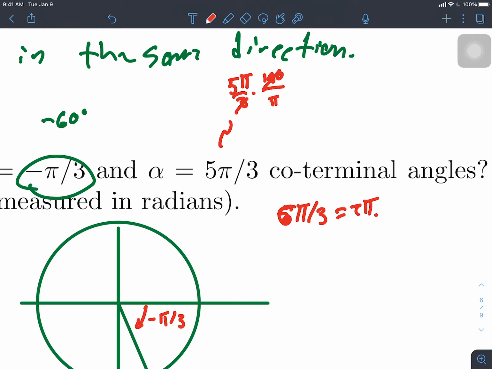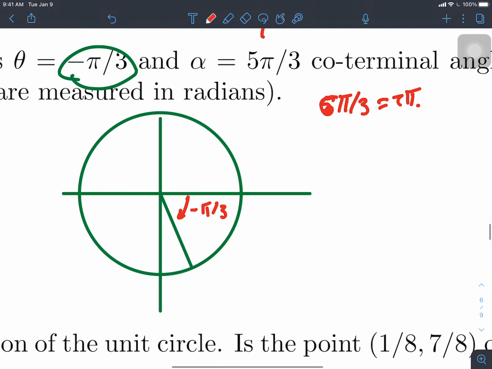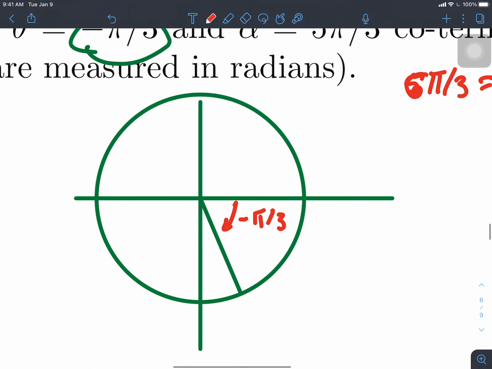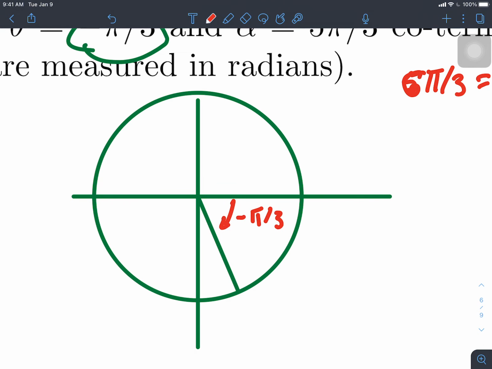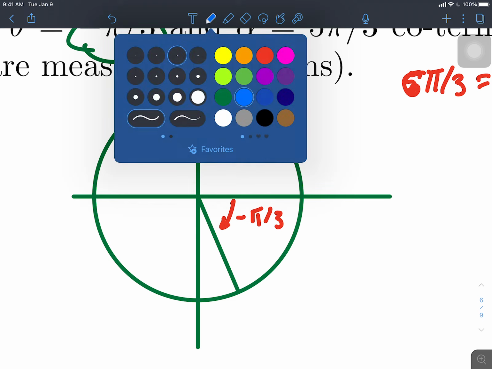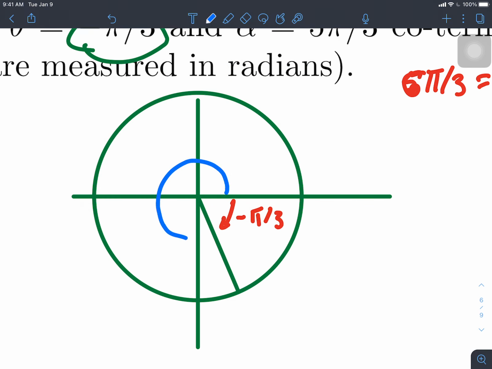We cancel the 3 and the 180 to get 5 times 60, so 300 degrees. And 300 degrees is 60 less than a full 360. So 5 pi over 3 looks something like this.